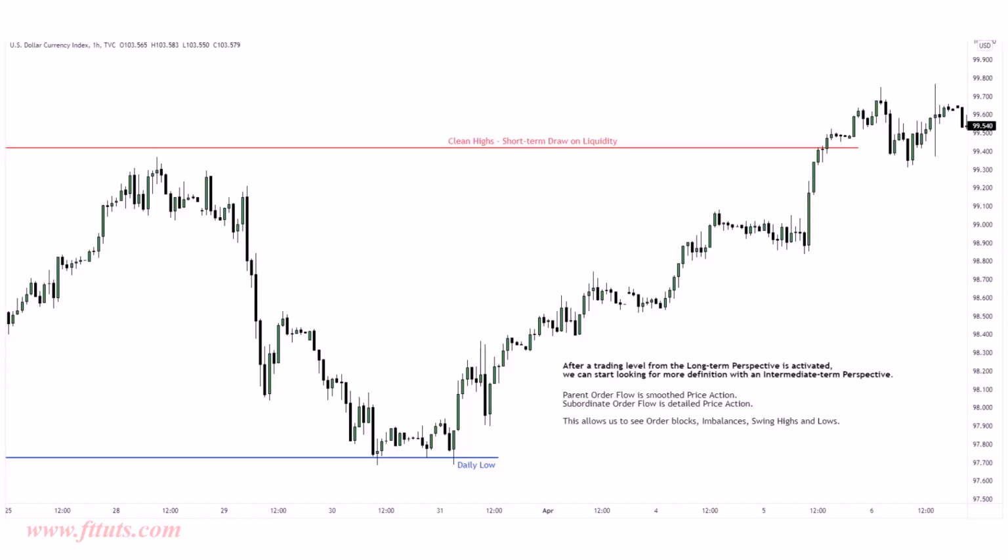But the hourly, or for a short term, a 15-minute, it's going to be more definition since they close a lot faster. And the more definition allows us to see order blocks, imbalances, swing highs, and swing lows. You'll see that the imbalances occur way more on the intermediate term perspective and a short term perspective.